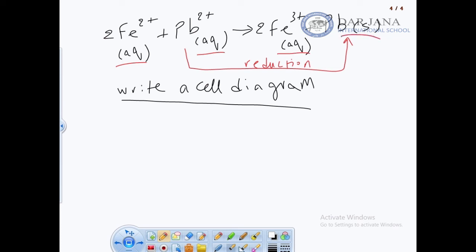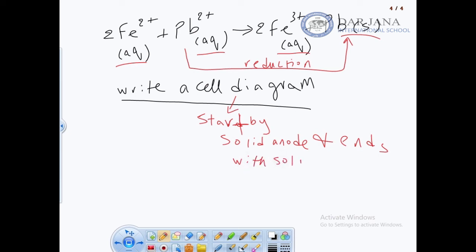In the cell diagram we said it should start with a solid at the anode and end with a solid at the cathode. In this example, we have iron as an aqueous.